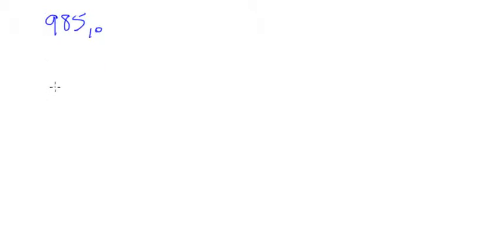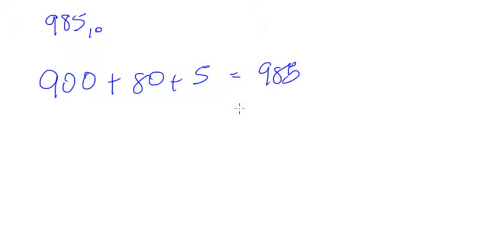If I write this number like this, 900 plus 80 plus 5 will equal 985, right? I know this looks pretty obvious, but it's necessary to understand exactly what's going on in other number systems.